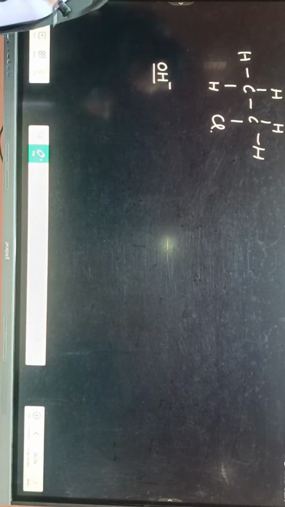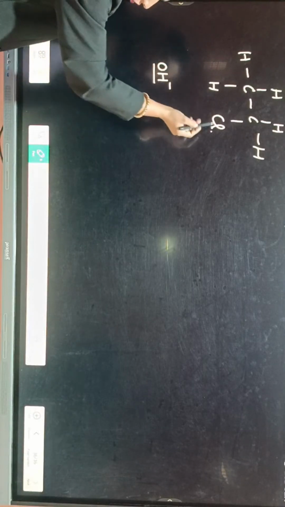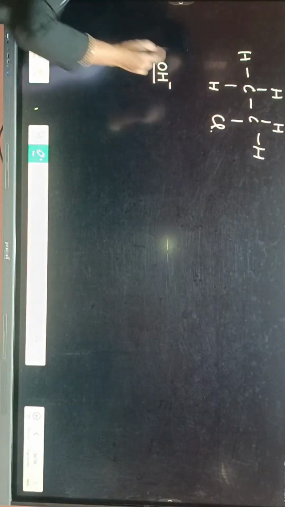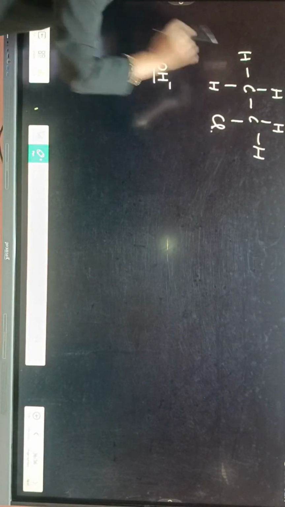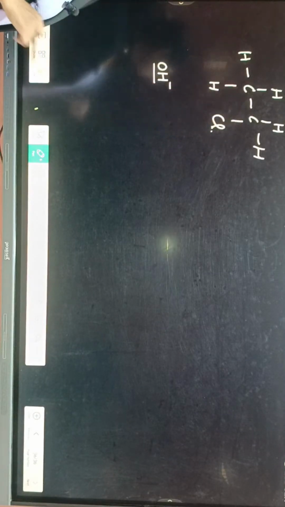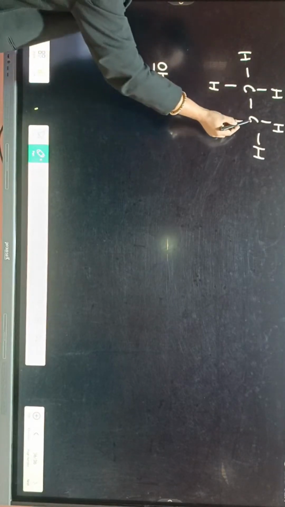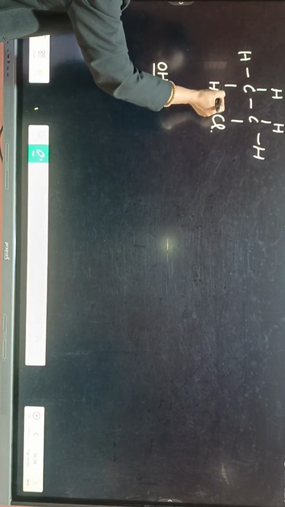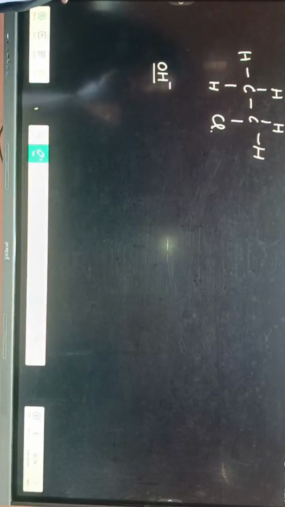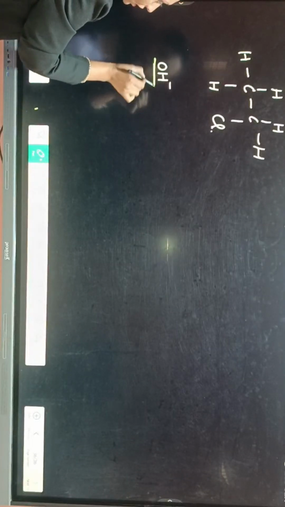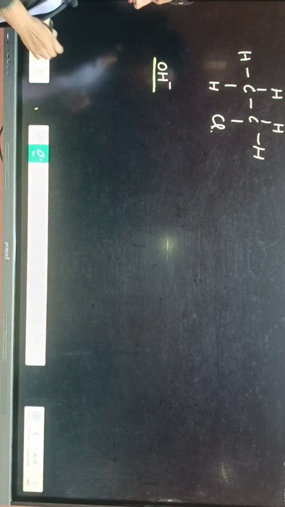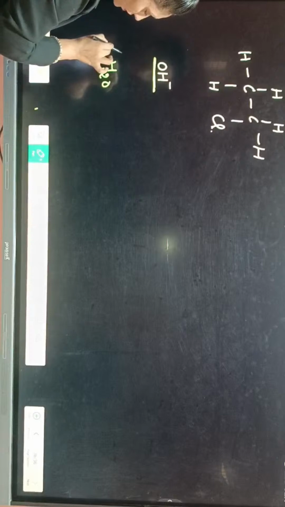This halogen is more electronegative as compared to carbon, so it will try to take electrons towards itself. Then a partial positive charge will be there, and this hydrogen will be removed. This will help the reaction to proceed, because water is a good leaving group.